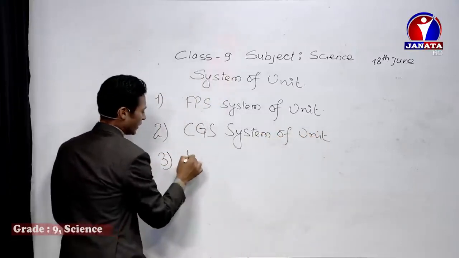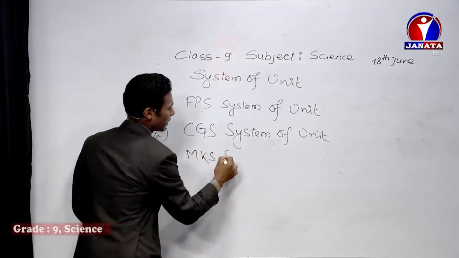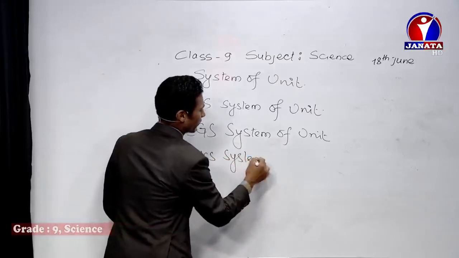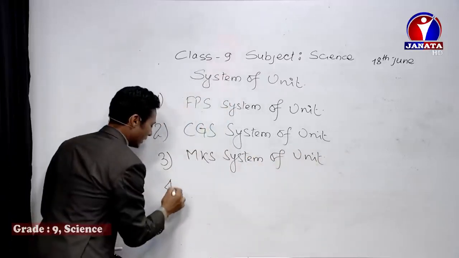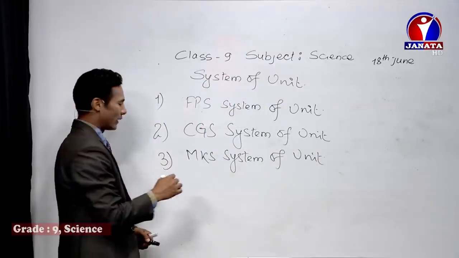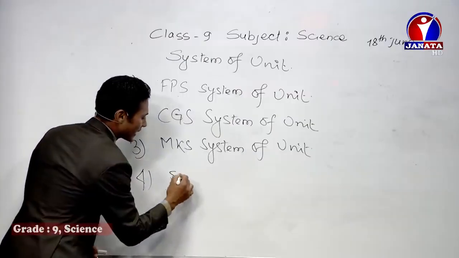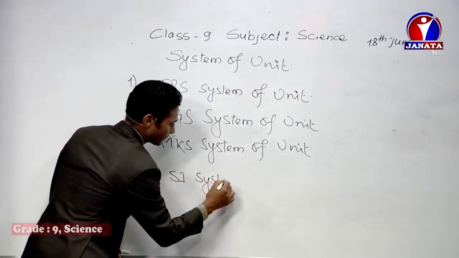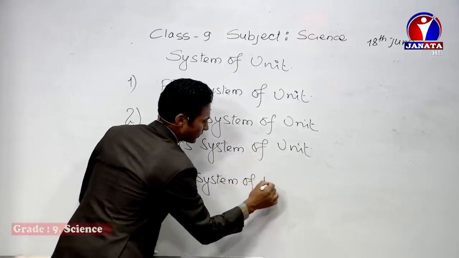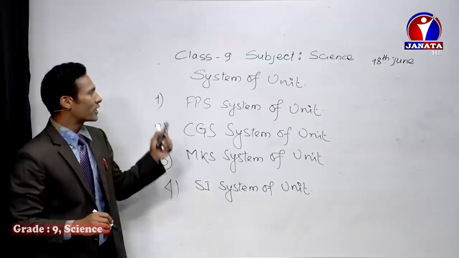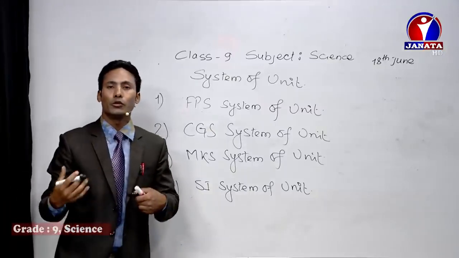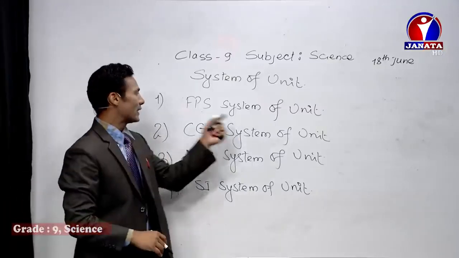Third one is MKS, system of unit. And last one, it is the modified form of MKS, which is called the SI, system of unit. So these 4 types of system of unit are used worldwide, right? So let's discuss about this.